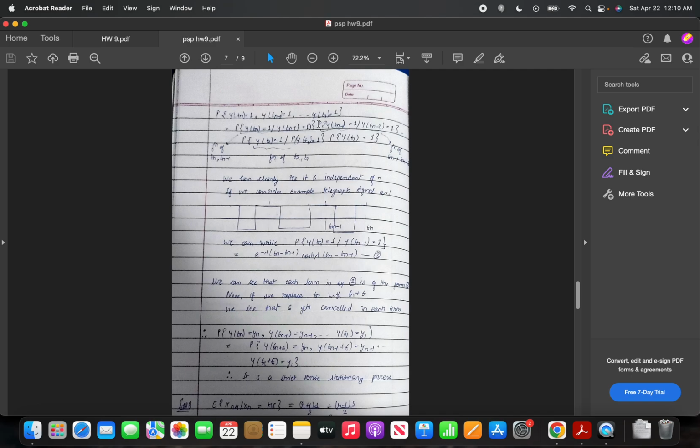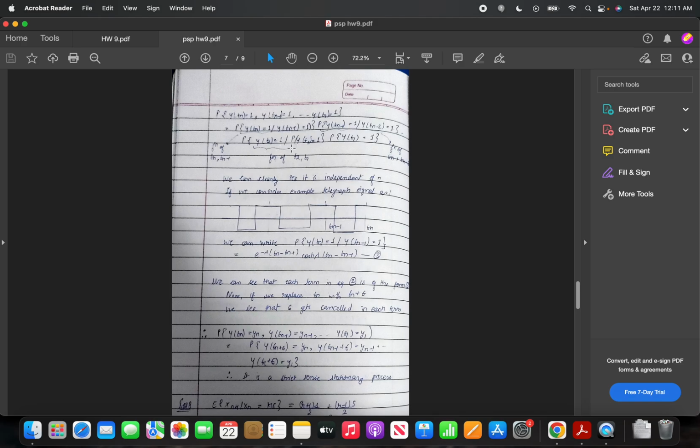Similarly, the second term will be the probability of Y(tn-1) equals 1 given Y(tn-2) equals 1, and so on up till the probability of Y(t1) equals 1. And so this is a function of tn and tn-1, and we can clearly see that it is independent of n.